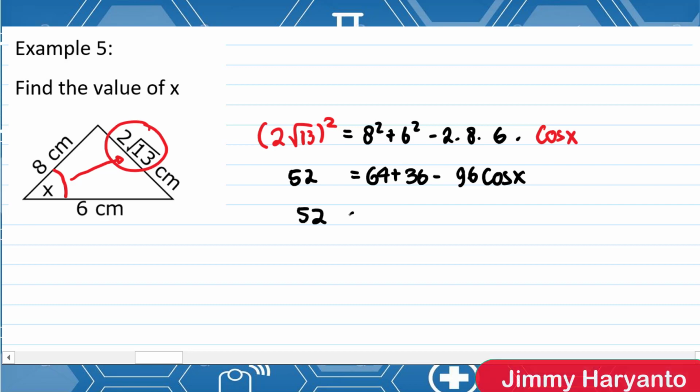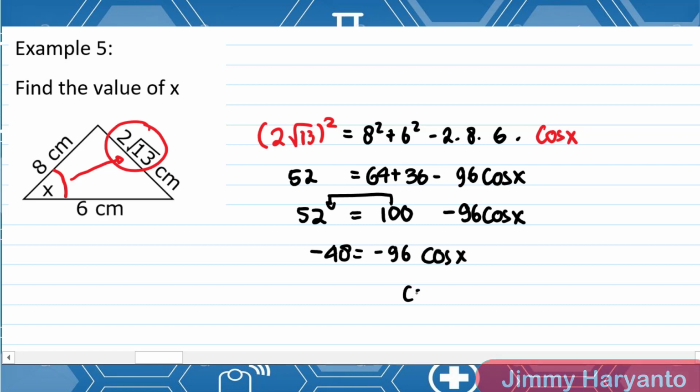Okay, so 52 equals 100, you cannot minus the 96 yet, because the 96 has to multiply by cos x first, and then you move the 100 to the left side. 52 minus 100 is minus 48, equals minus 96 cos x. So cos x will be negative 48 divided by negative 96 equals half.